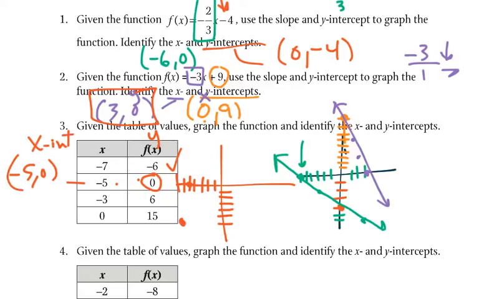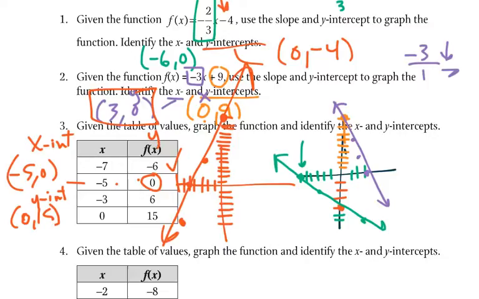Okay, negative 3, 6 would be right here. And then 0, 15, that's going to be our y-intercept, because it has the x value of 0. So I'd go up to right about there and try to draw my graph. Obviously my hand-drawn coordinates are not the best, but it looks something like that.